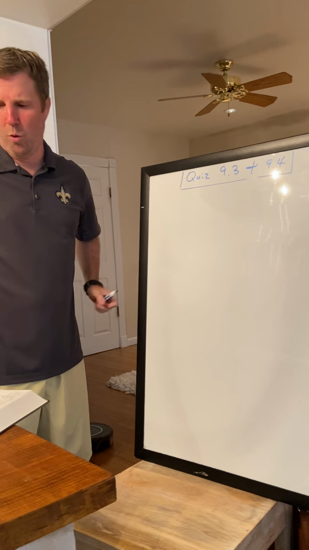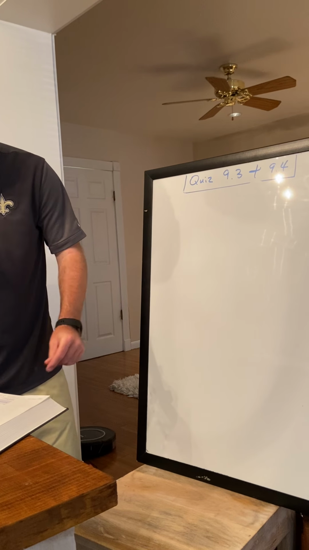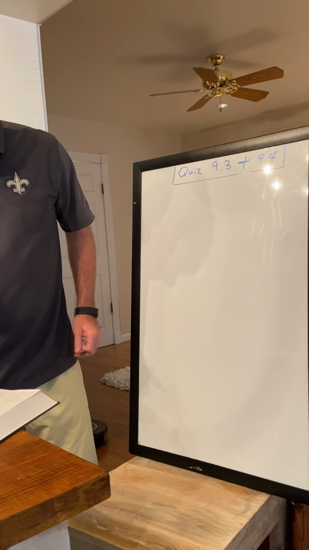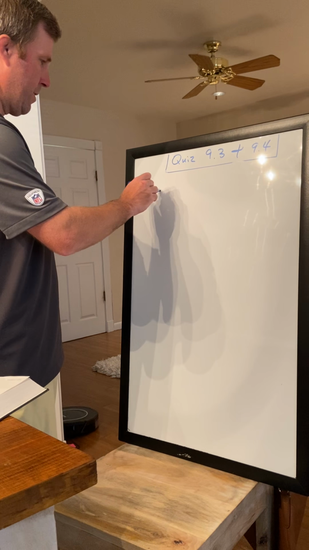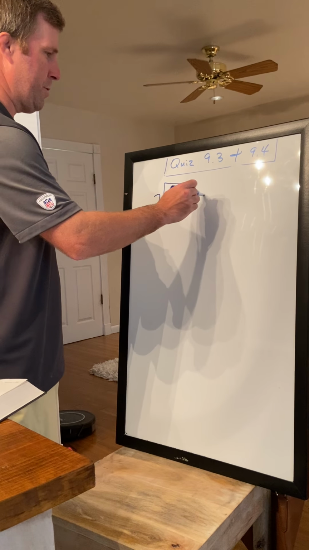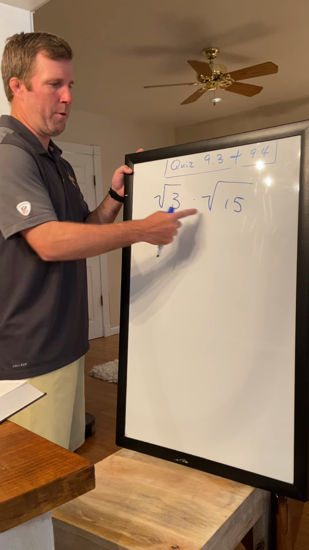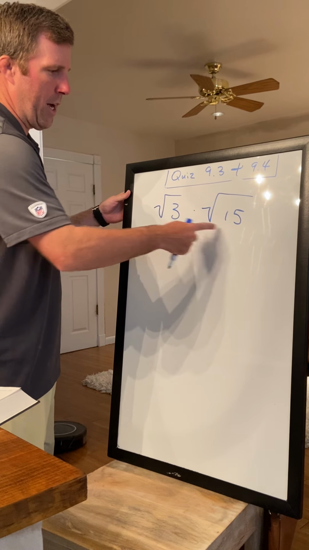All right, let's go to 9.4. Do a couple examples of multiplying and dividing radicals. All right, let's try square root of 3 times the square root of 15. Okay, remember when you're multiplying radicals, if they have the same index, you can multiply the radicand.